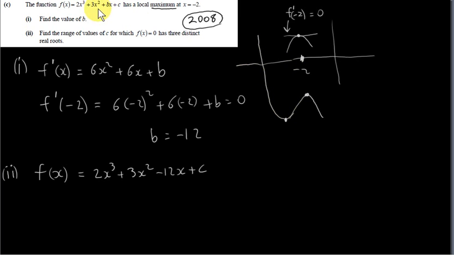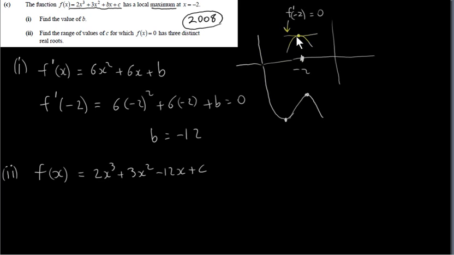You see, we're dealing with a cubic function. A cubic function has at most 3 distinct real roots. We're given that this one has a turning point at minus 2 and has a local max at minus 2. So you can see that the turning point cannot be below the x-axis, because if it was, we would only have one real root.